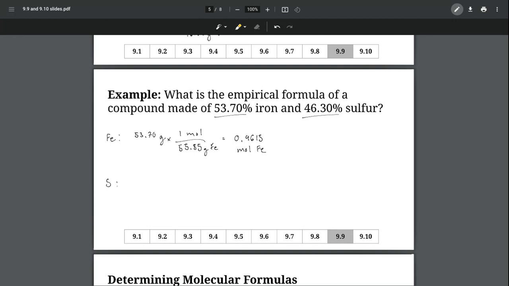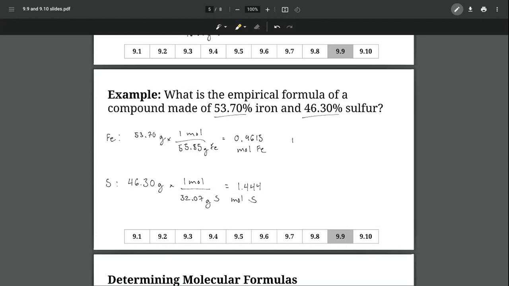And then with sulfur, it gives us 46.30%, but that's just going to be grams for us. In 1 mole, there are 32.07 grams of S, which divides out to be 1.444. Then 0.9615, dividing by itself, is just 1.